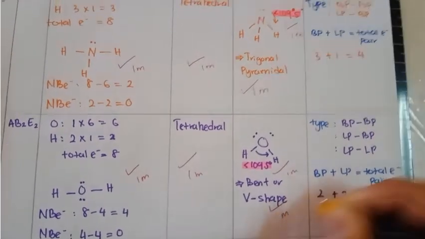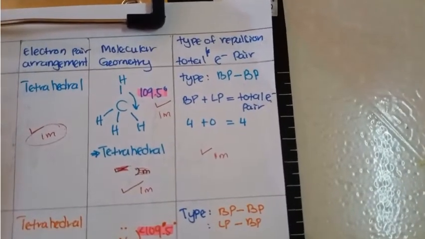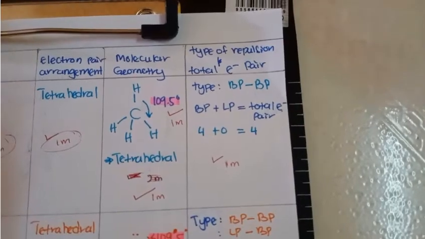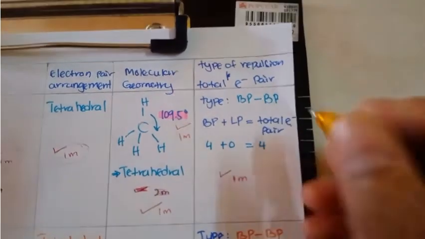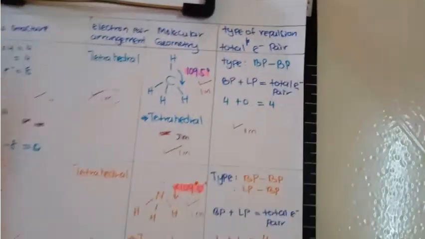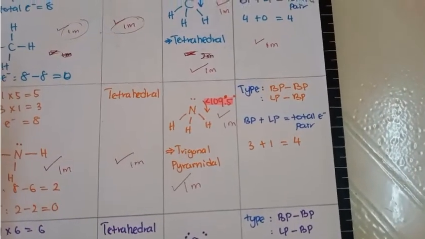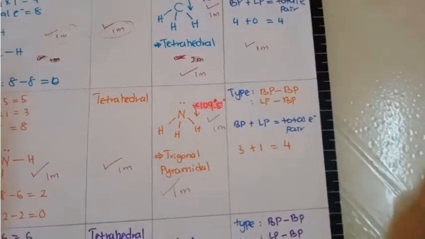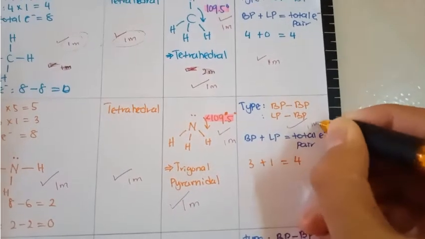The name is correct. Then we can have marks from the type of repulsion. For CH4, we get bonding pair, so here is 1 mark. And from NH3, we get bonding pair and lone pair, so here is 1 mark.